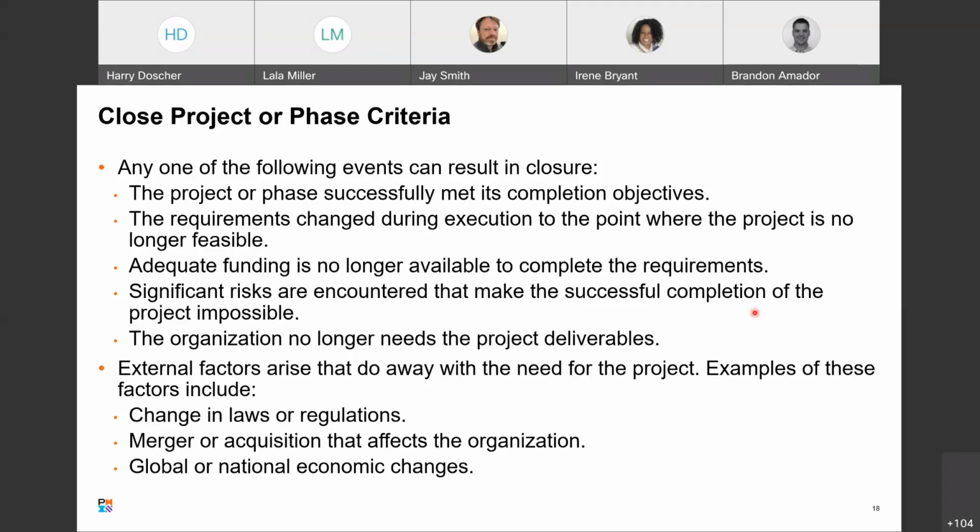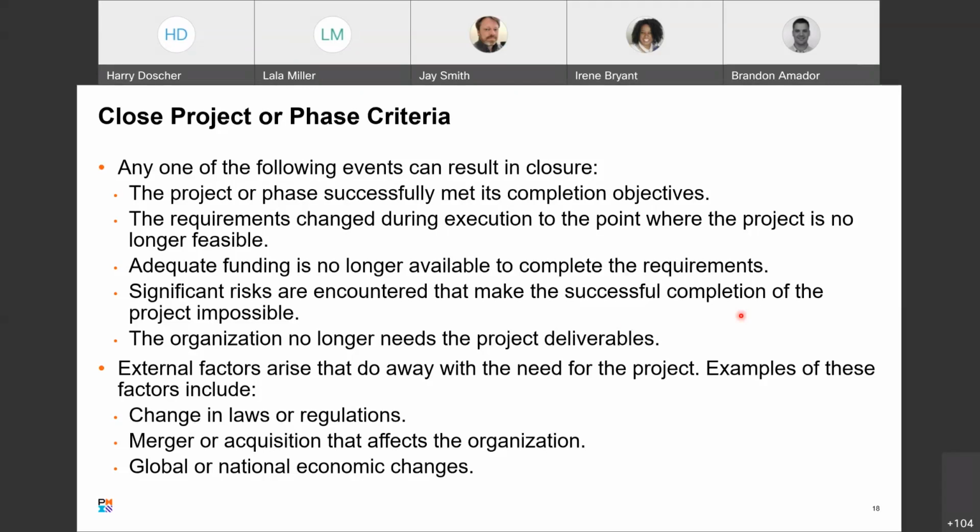Significant risks are encountered that make the successful completion of the project impossible, and these should be identified by the PM in conjunction with leadership and with the development teams. Okay. So there can be risks that are identified by the development teams.